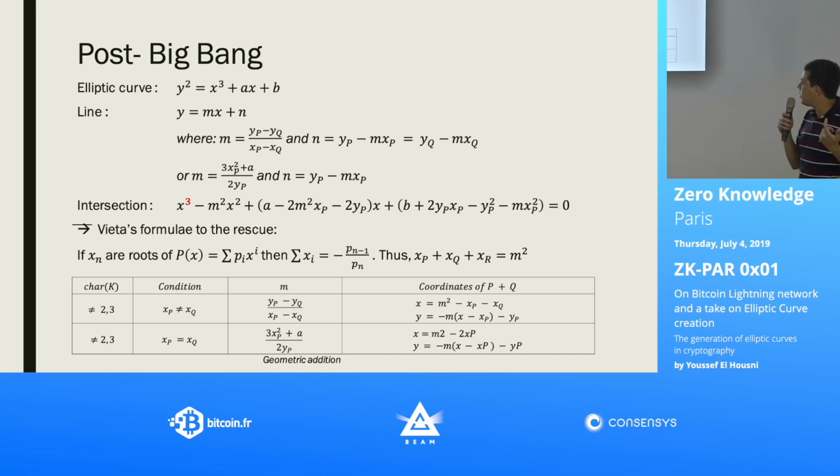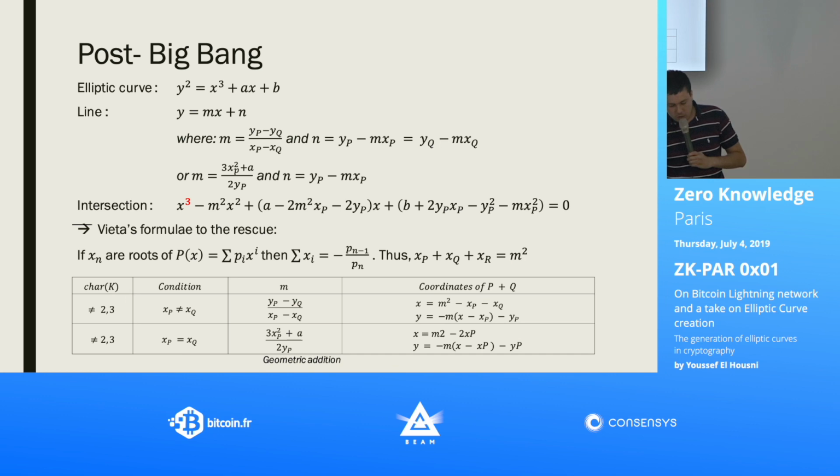But since you already have 2 solutions, that are the 2 points that created the line, Vieta's formulas tell you that the sum of the solutions, you can express them with the coefficients of the polynomial. So you have the algebraic formulas of the addition. This is what is implemented when you use elliptic curves.